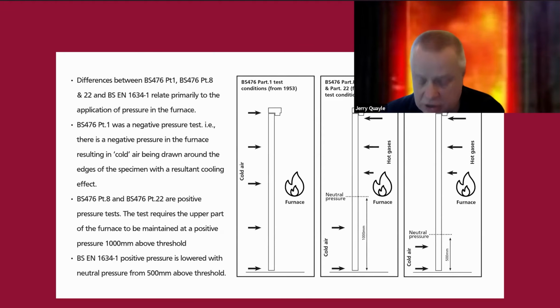So heating regimes are exactly the same. As you can see there, the difference in this test is minimal, and the neutral pressure plane, they moved to 500. The reason for that is very detrimental to fire doors, but holds no scientific basis that I can find as to why they would want to move this down.